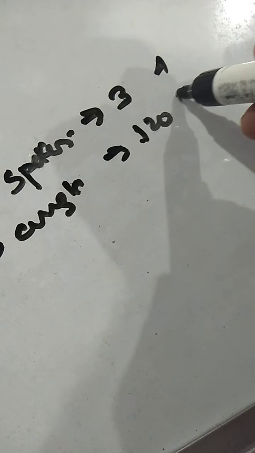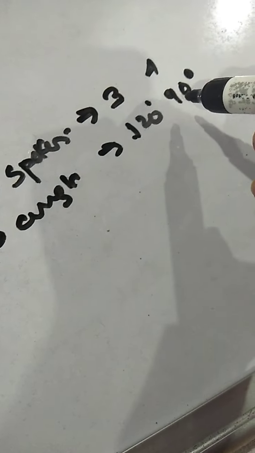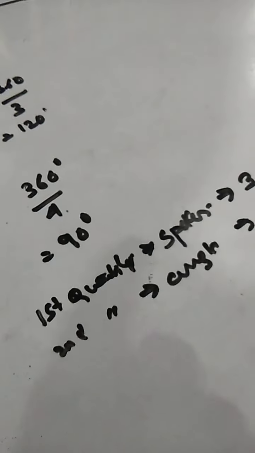When the number of spokes is increased to 4, then the angle between the two consecutive spokes became 90. So you see, the number of spokes is increasing, but the angle between the two consecutive spokes is decreasing. So this type of relation is called inverse proportion. So the answer of sum number 1 of question number 3 would be yes. That is, it is inversely proportional.